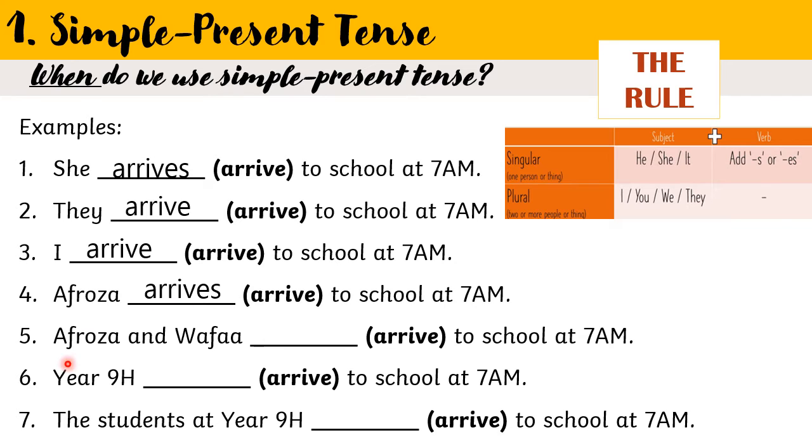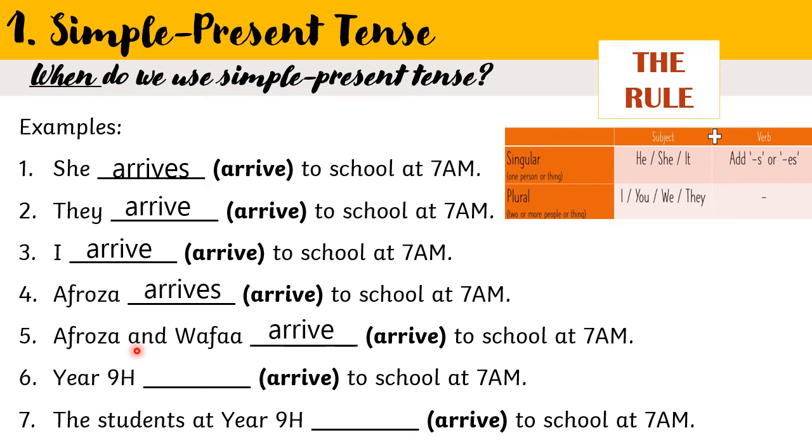Now, what about this? The subject becomes two. So if there are two or more people or things as the subject, you don't add s. So Afroza and Wafa arrive to school at 7 a.m. Okay, now this is a class, year 9H. Now the subject here is only one, right?